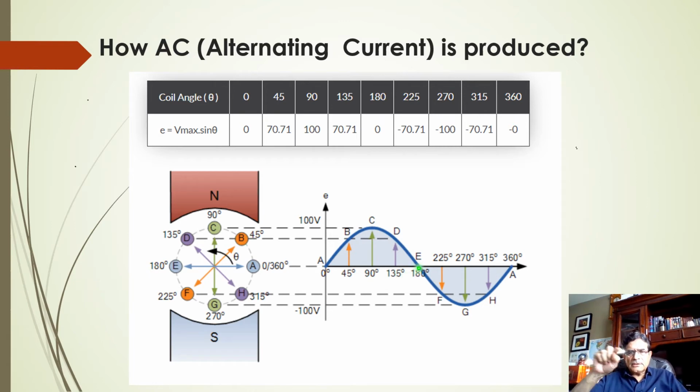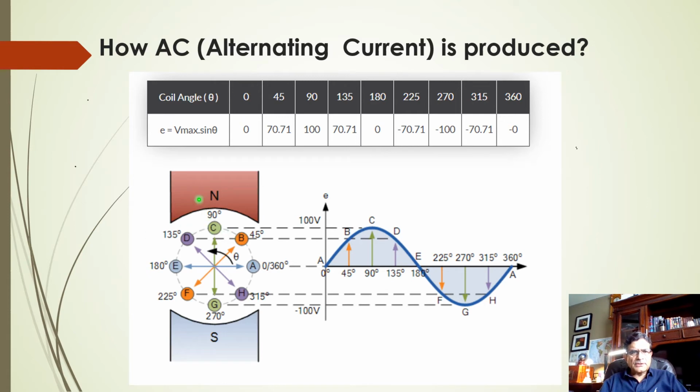So now the coil has moved half a circle, 180 degrees, and the voltage is now 0, because here the coil is not cutting lines of force, it is moving parallel to the lines of force. Remember, the lines of force are from top to bottom, north to south, vertical, whereas the motion of the coil is across it, like this.